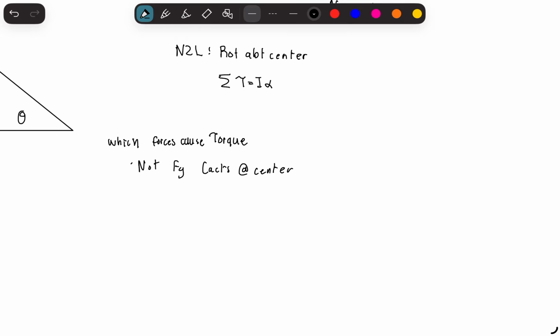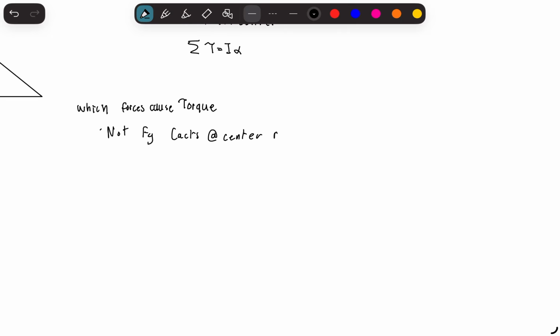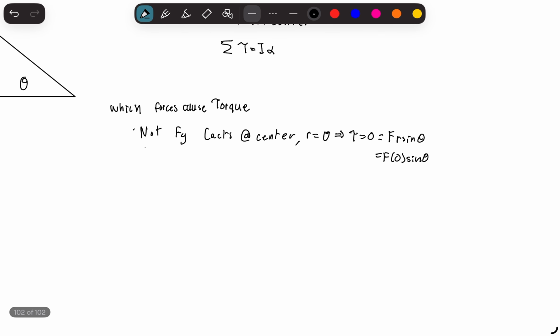When it's acting at the center, that means that the R, your lever arm, is equal to 0. And if your arm is equal to 0, that means your torque is going to equal 0, because torque is equal to F r sine of theta. If you plug in F times 0 times sine of theta, it makes the whole torque equal to 0.